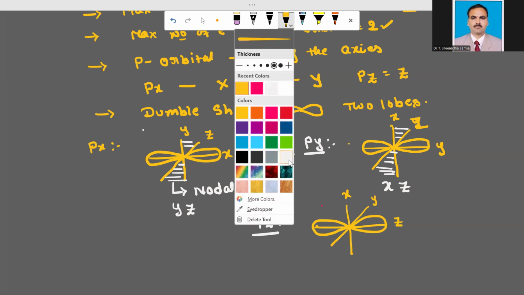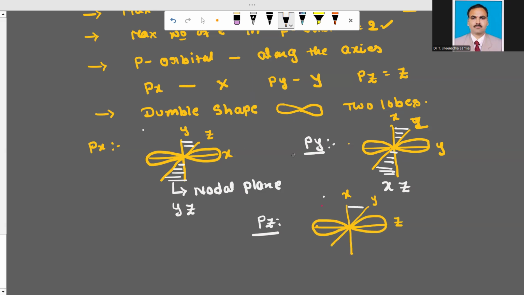In xy plane, the electron probability value is 0. So this plane is nodal plane. For px orbital, yz plane is a nodal plane. Py orbital, xz plane is a nodal plane. But pz orbital, xy plane is a nodal plane.